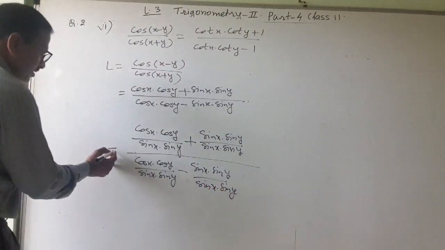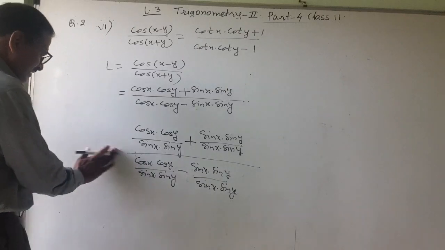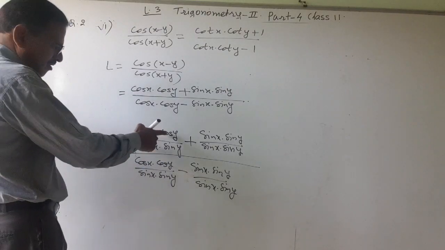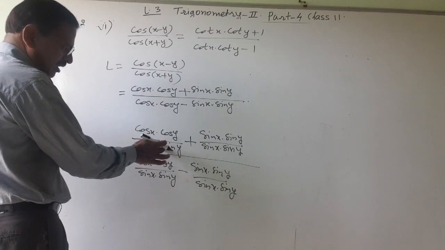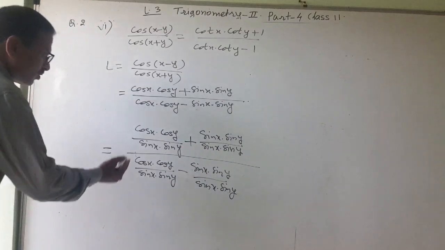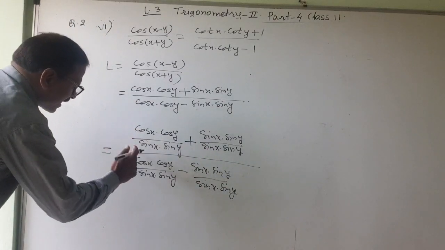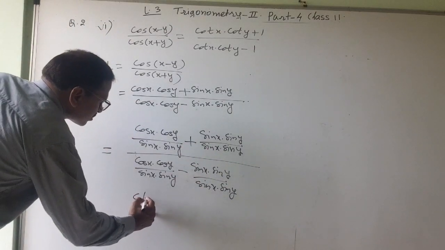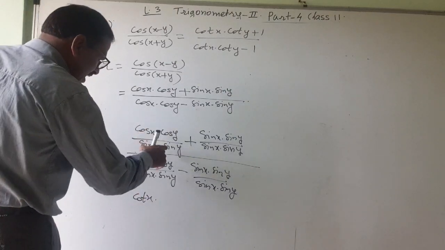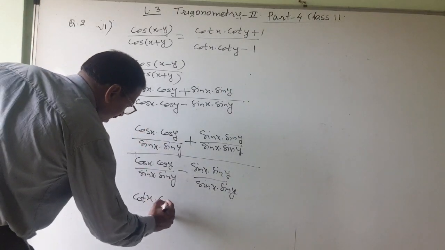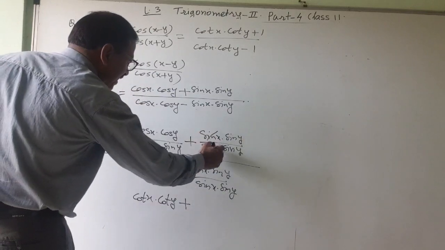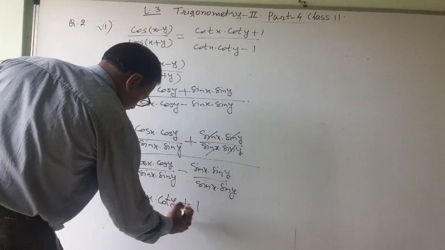This is equal to. Now see what is cancelling and what is remaining. Cos upon sin is cot. Here it will be 1, here it will be 1. So cos x upon sin x is cot x into cos y upon sin y, cot y, plus everything cancels, so 1.